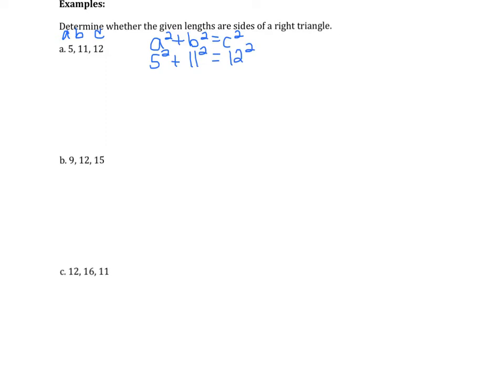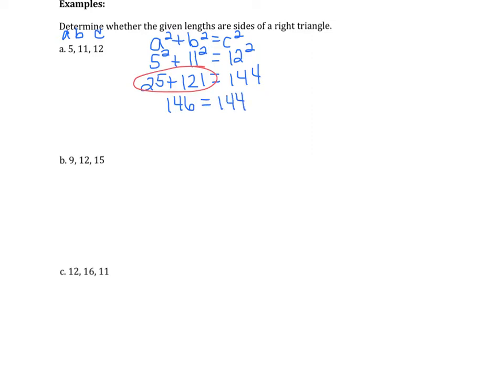So now 5 squared is 25, plus 11 squared is 121, equals, and now we're going to figure out 12 squared, which is 144. Your next step is to add 25 plus 121, and that's going to give you 146 equals 144.